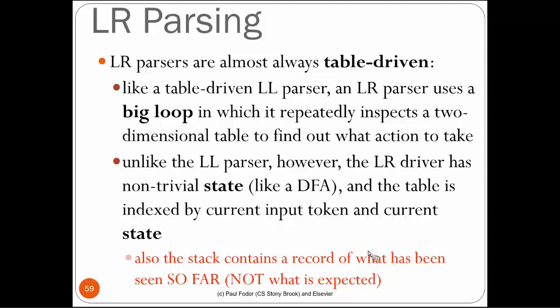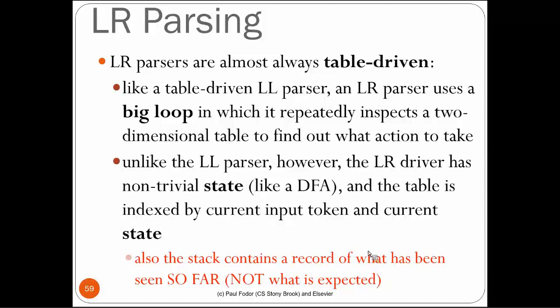Now, LR parsers are almost always table driven. Like LL parsers, they use a big loop which inspects the current token in the input stream and a two-dimensional table to determine what action to take next: reduce or shift, or actually match a token.